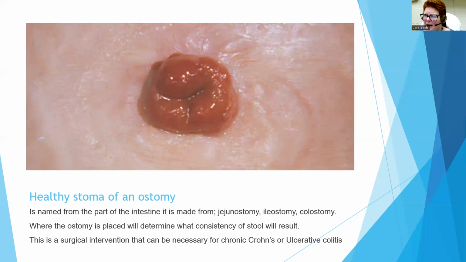If it's gray, if it's blue, if it's pale, then circulation to that organ is impaired and we need to do something about it. And the surgeon and/or GI doctor needs to know about it immediately. And we will talk more about that again as we do the exemplars in that first class.